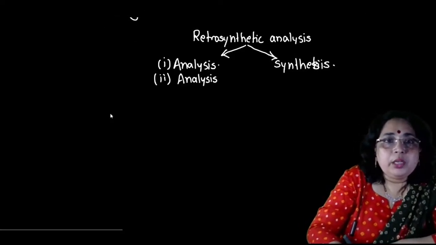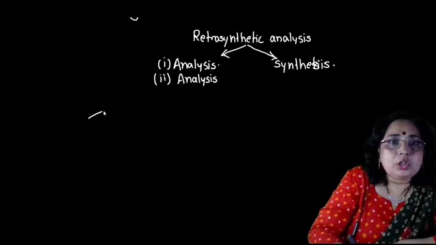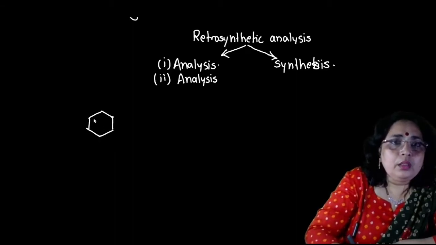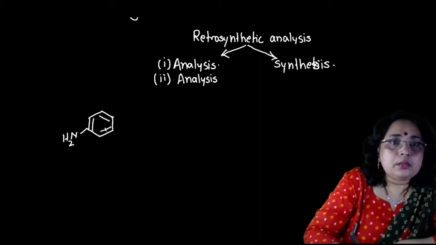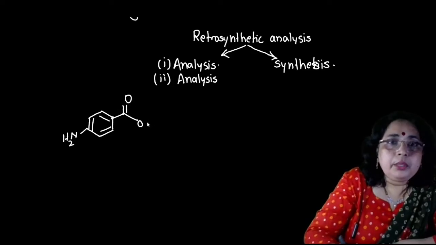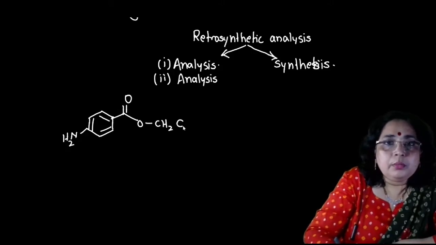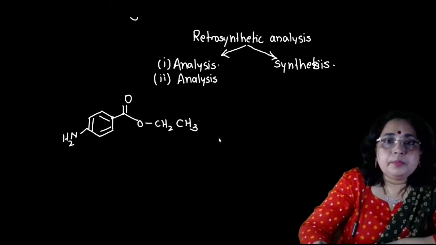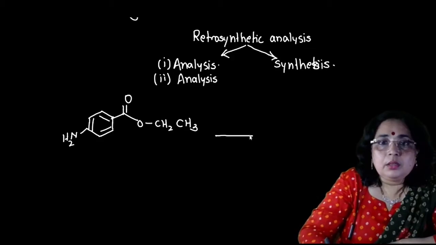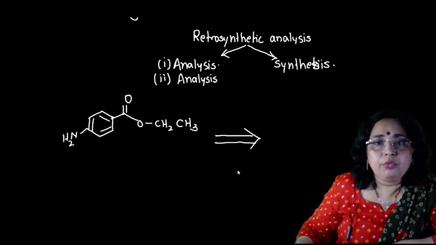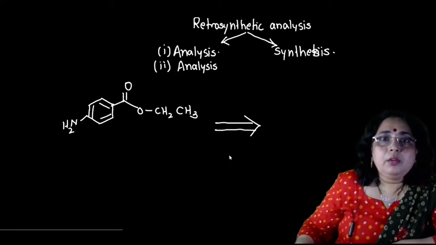So I am drawing over here once again the structure of the molecule, and then we can carry out the retrosynthetic analysis. Here I am going to expand the ethyl group, because the disconnection I am applying will be helpful for us.